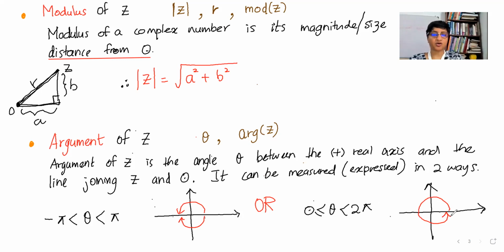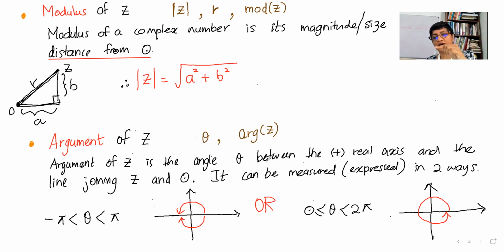So wherever your complex number is on the complex plane, when you want to give the argument of that complex number, that angle can be expressed using this way. There's no doubt about that, it's in the definition. It's the angle between the positive real axis and the line. And when you measure that, there are two ways you can do it.